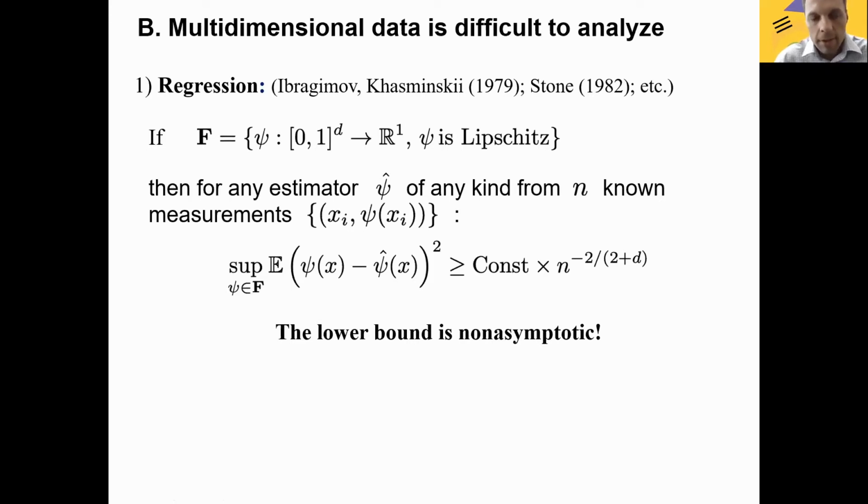And this lower bound is non-asymptotic. The same case is when you perform kernel density estimation. The minimax mean squared error is also lower bounded by this value. So in the general case, that means that it's not possible to perform estimation in high-dimensional spaces.